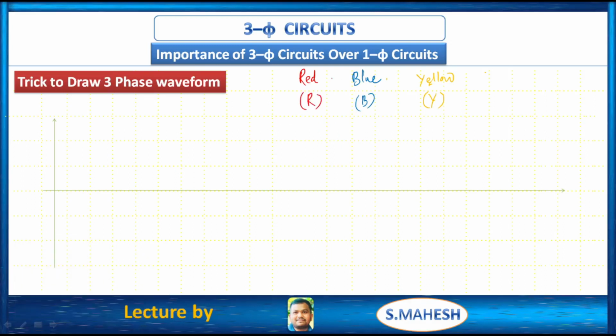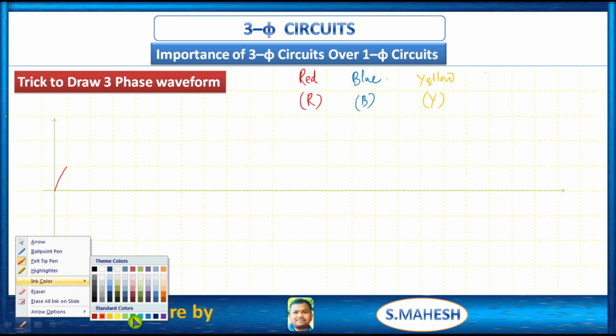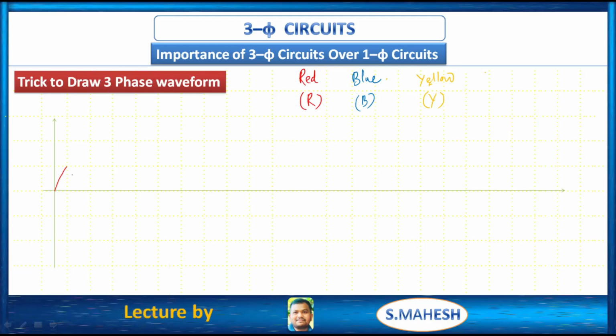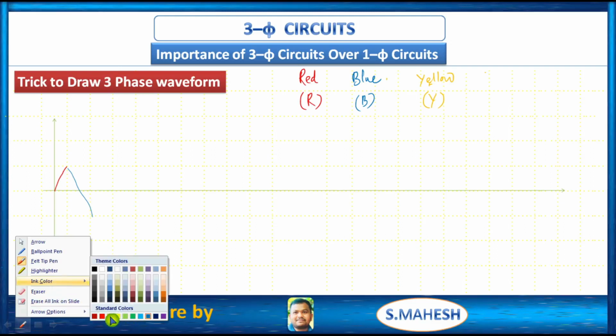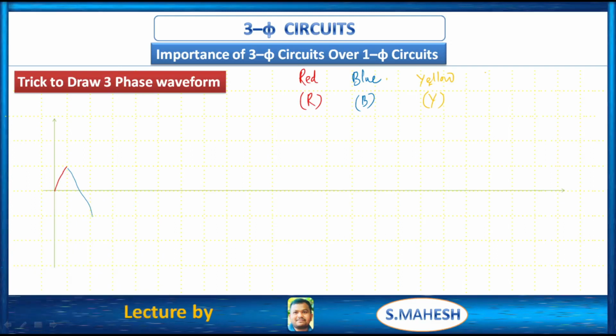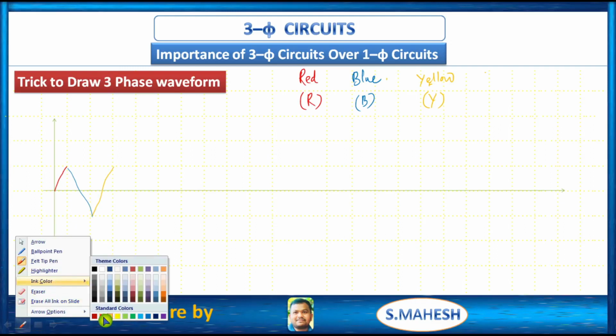For that, see, first you have to draw with red marker like this. Later you have to change this to blue like this. Okay, next yellow marker like this. Next red.